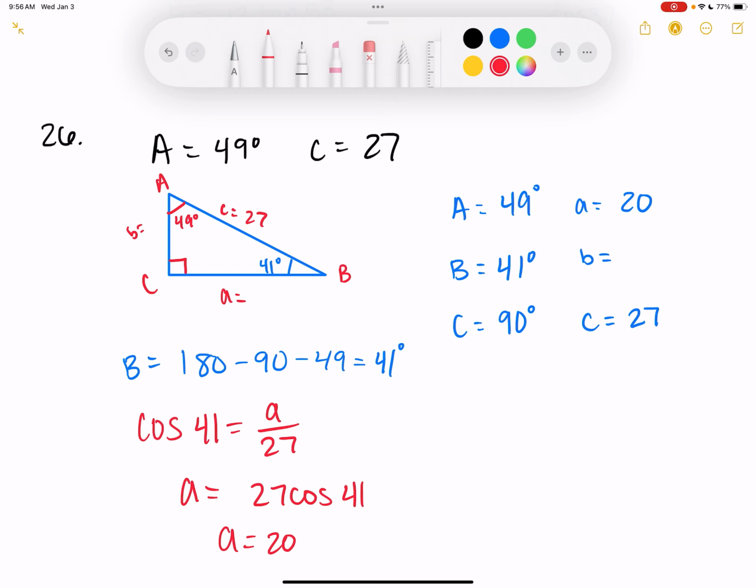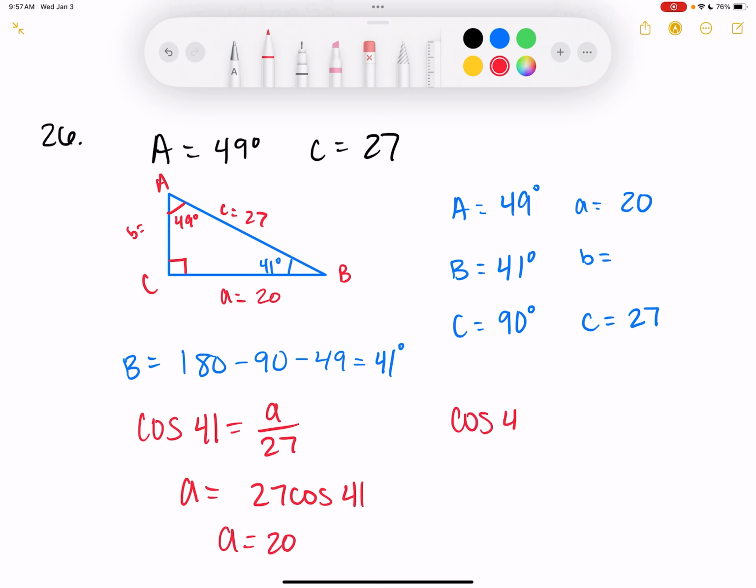Now I need to do side B. So now I could use tangent if you want, or you could still use sine or cosine. Which one do you want to use to find side B? Cosine of 41. Wait, no, we just did that. 49. Cosine of 49.